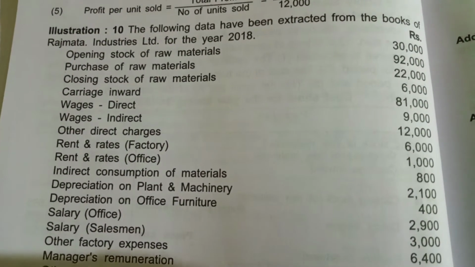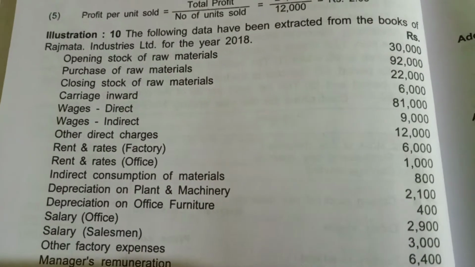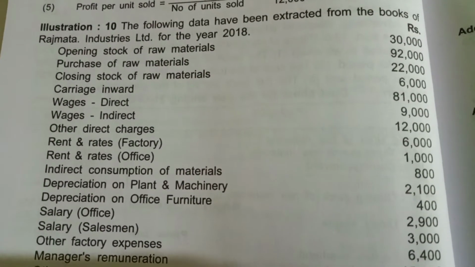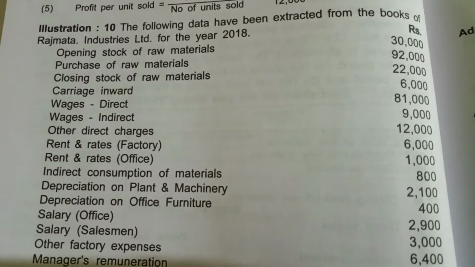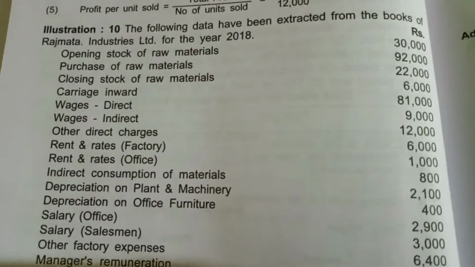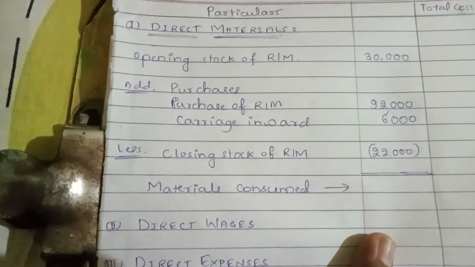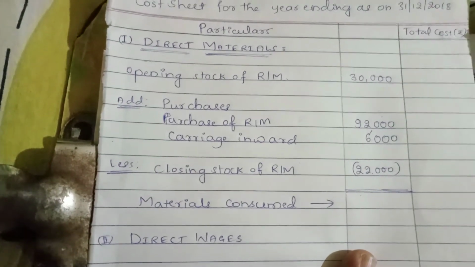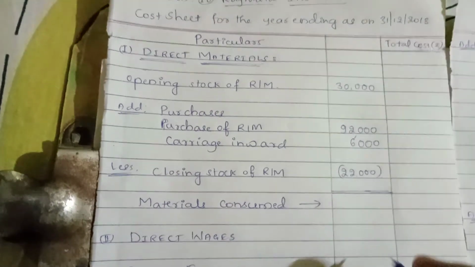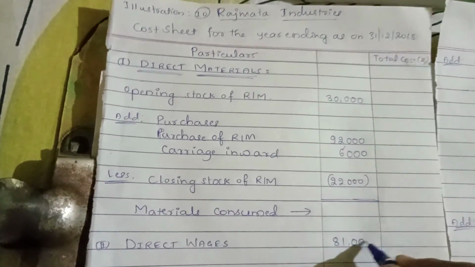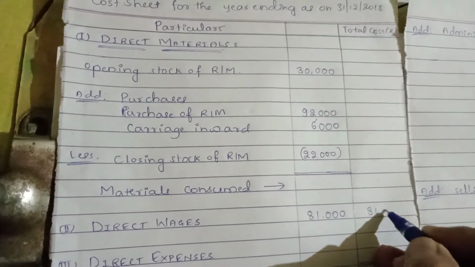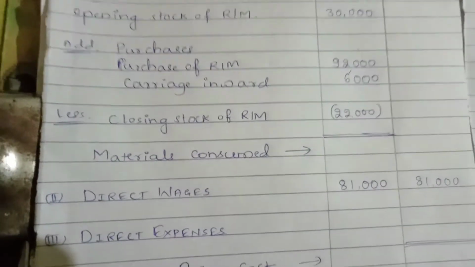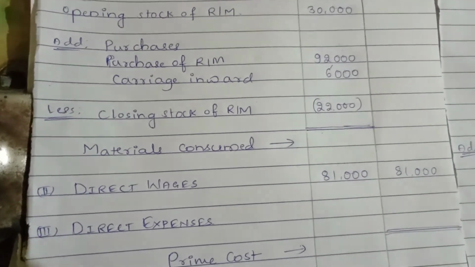Next item is wages direct, wages indirect. When direct is specifically mentioned, we consider it direct wages. When stated as indirect, we put it under factory overhead. So here the direct wages amount is rupees 81,000. I can write it here, or directly in the outer column, not an issue, because no other items fall under direct wages.